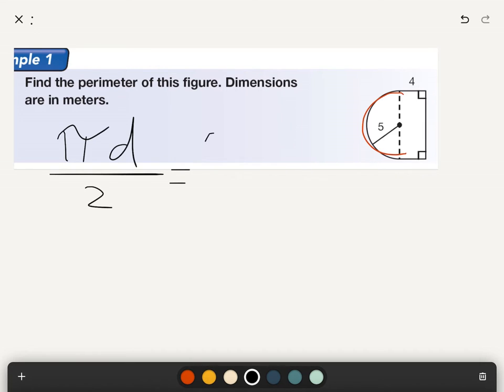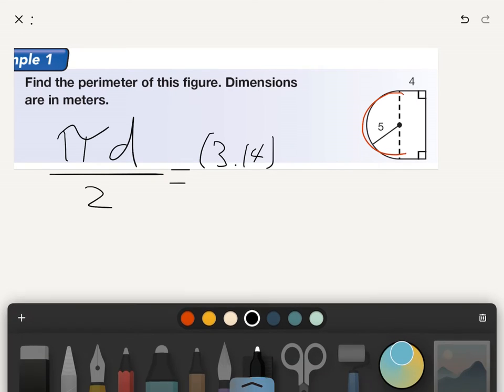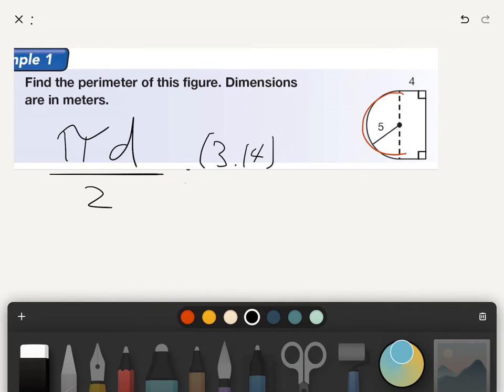So that would be times 10, right? So just 3.14 times. Oh, and you know what? It's not equal to that. It's sort of wiggly equal, because you've got some wiggle room in there.